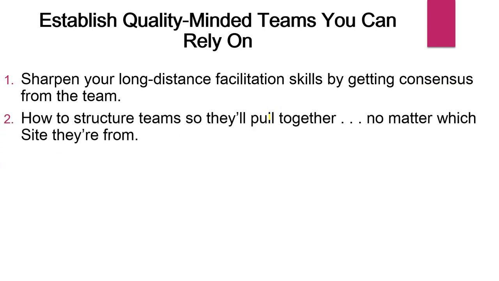Apart from this, how to structure teams so they will pull together no matter which side they are from. For example, you have four sides, one, two, three, four, and you are taking two guys from this side, one guy from side two, one guy from side three, and making one separate team of four guys.